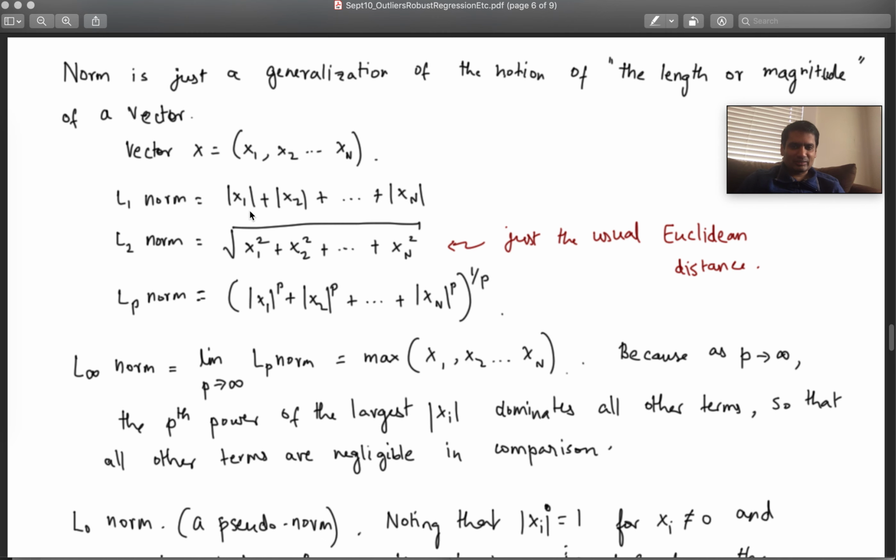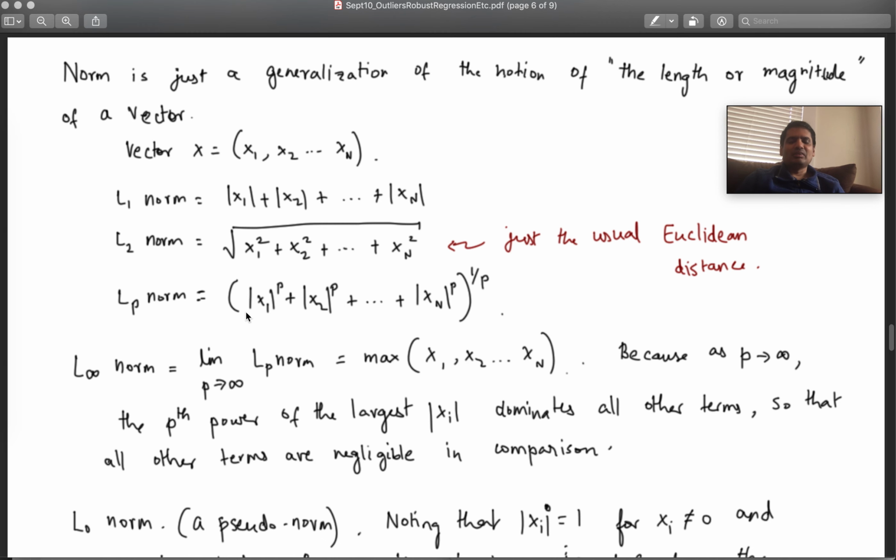And you can verify that these two things are special cases of that. If you stick in p equals 2, you get this. If you stick in p equals 1, you get this. And all these are essentially generalizations of the notion of distance for an n-dimensional vector.